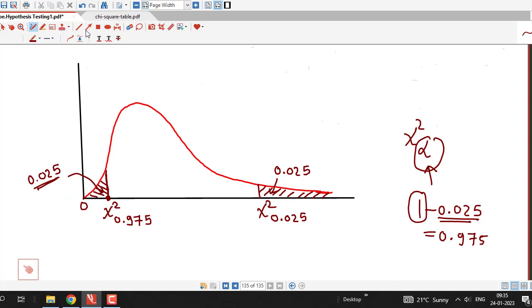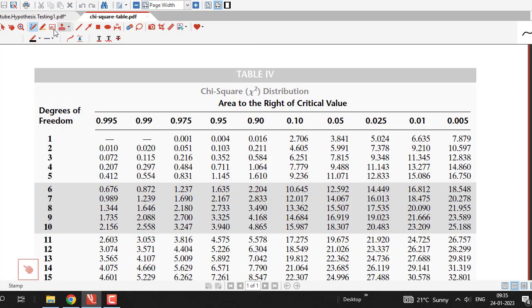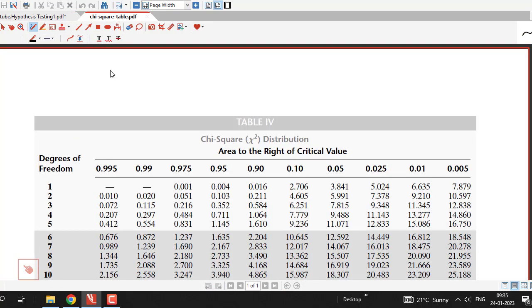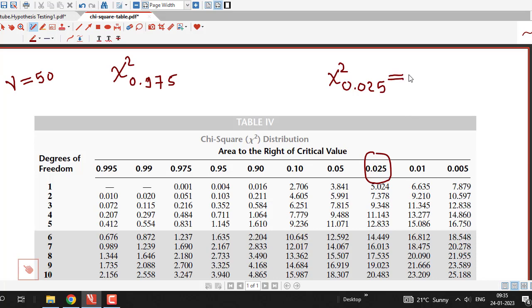So now we go to the chi-square table. We have to concentrate on two values. One area is 0.025; we are interested in chi-square 0.025 and chi-square 0.975. Degrees of freedom is 50. Suppose we first find this value.